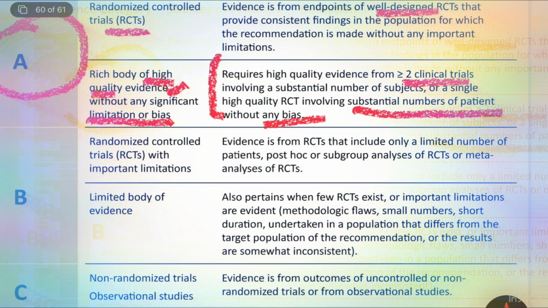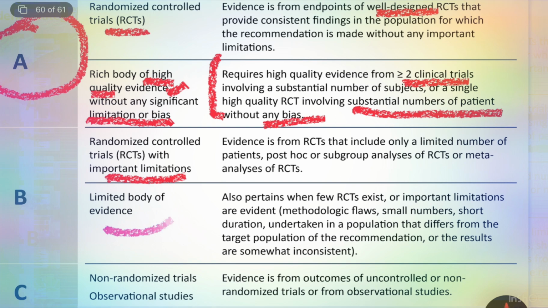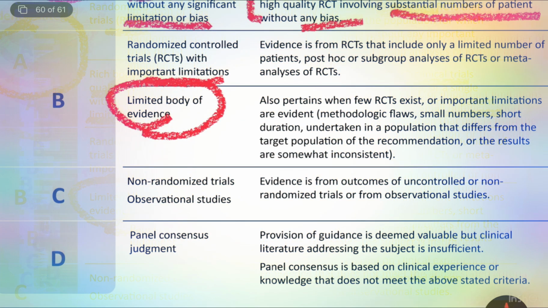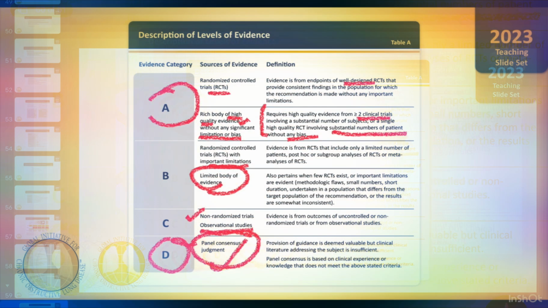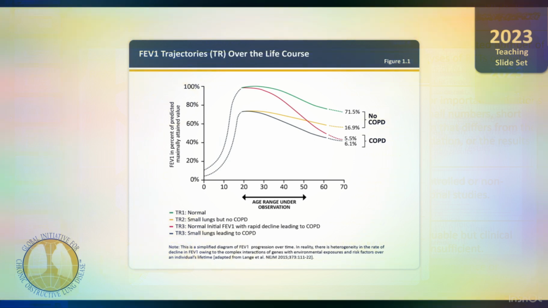So these are evidence category A. Then comes category B, which has RCTs with important limitations and a limited body of evidence. Then comes category C. Here we have only non-randomized trials and observational studies, according to panel consensus judgment. So there is no proper data available or the subjects are insufficient.